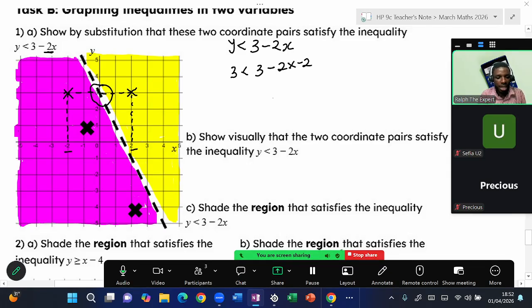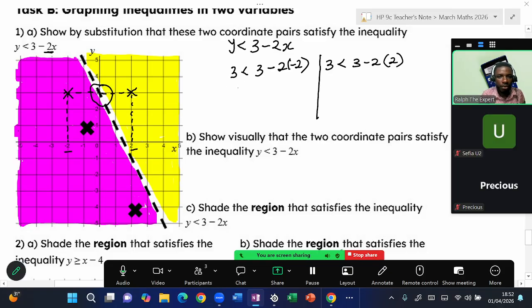Or open bracket -2, any of them still works. We can put it in the brackets there. Then we'll do the second one: 3 less than 3 minus 2, open bracket 2.